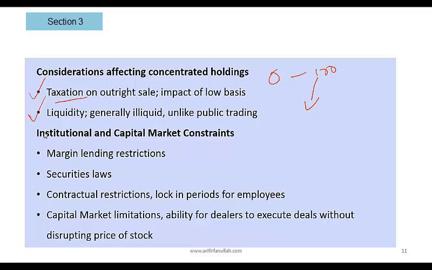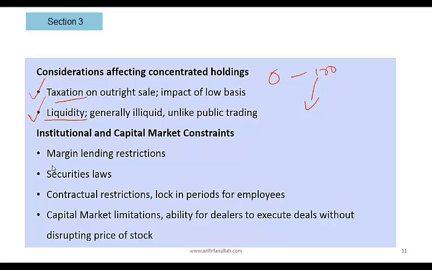And the other angle is liquidity. If a stock is illiquid, there could be substantial or adverse implications on you, on the client, in terms of his future spending ability.